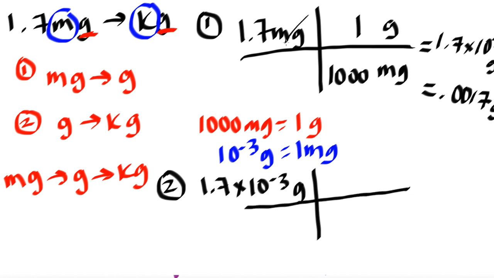Up here, remember, milligrams and milligrams cancel, leaving you with a unit of grams. And then here we're going to go from grams to kilograms. So grams is going to go on the bottom, kilograms on the top. For every 1 kilogram, there's 1,000 grams.